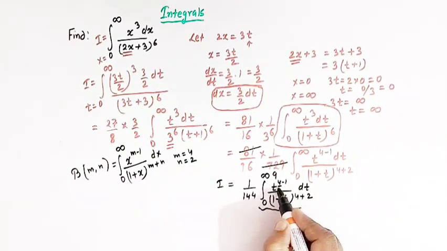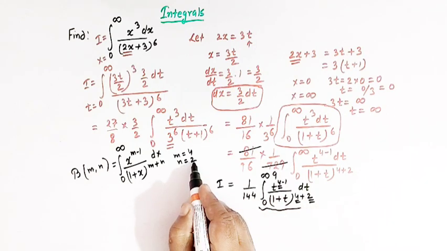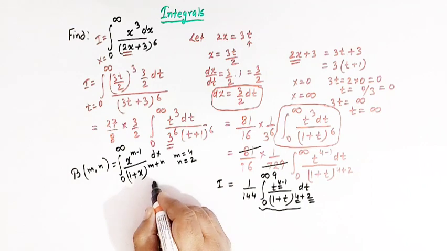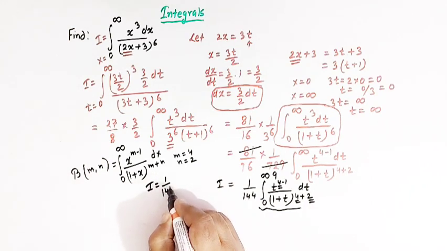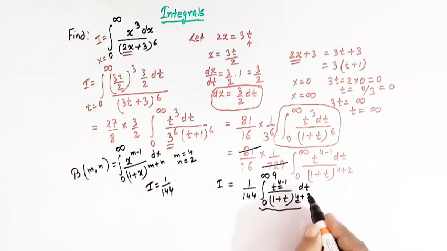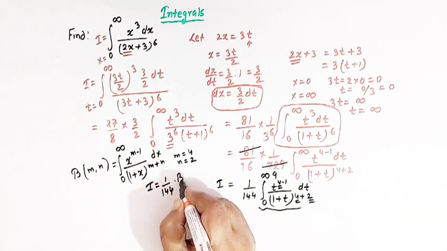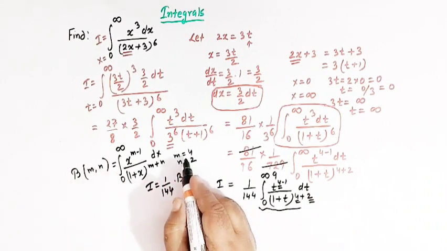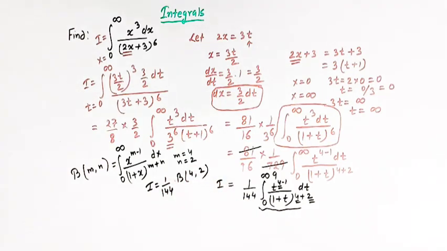So now our integral I can be written as 1 over 144, and we can replace this integral by beta of m, n, which is beta of 4 comma 2.